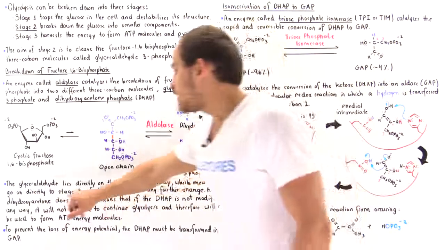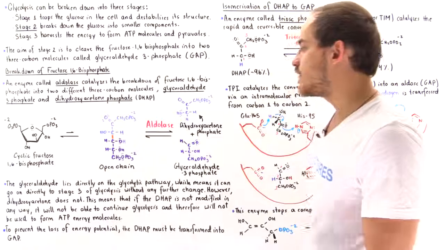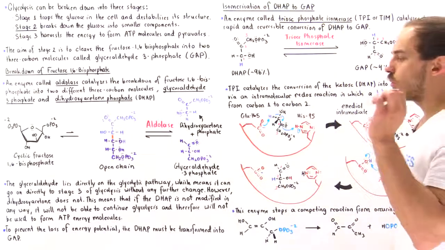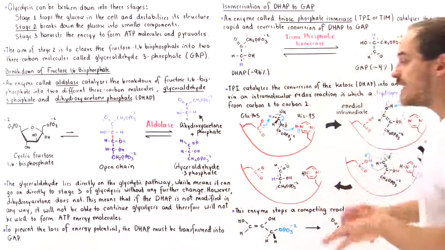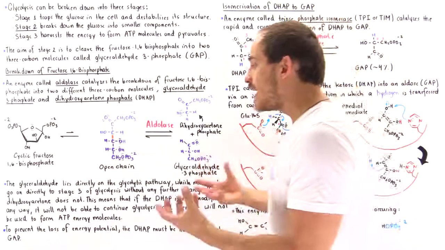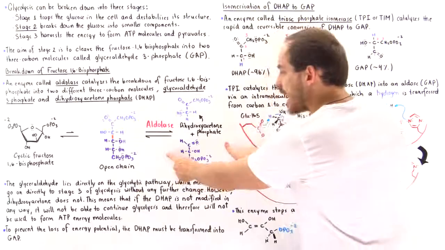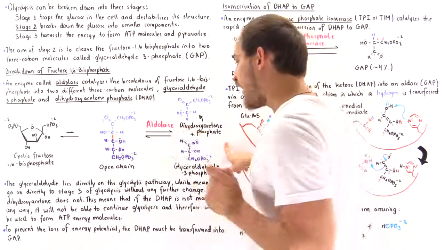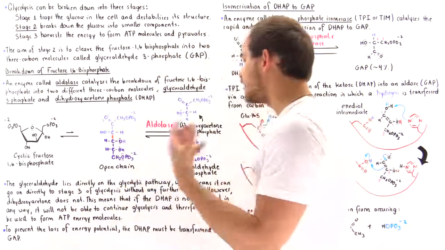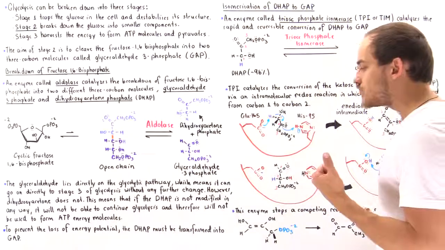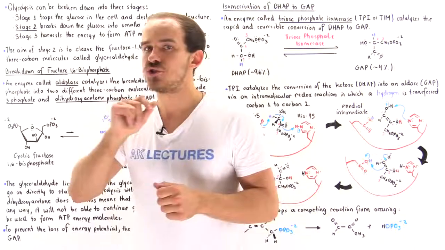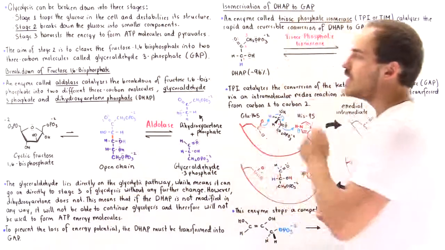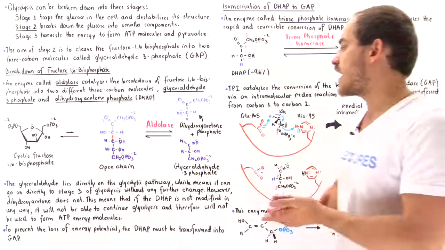But the dihydroxyacetone phosphate does not lie on that pathway directly. This means that if the DHAP is not transformed into this GAP molecule, we will not be able to continue the glycolysis process, and therefore it will not be used to form those high energy ATP molecules that the cell needs so much to carry out processes.